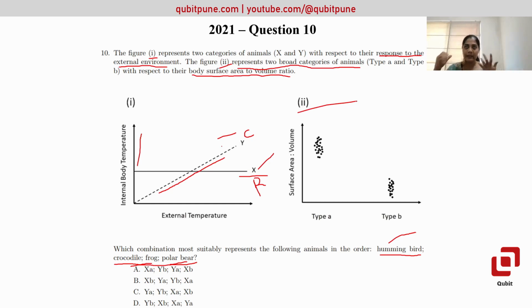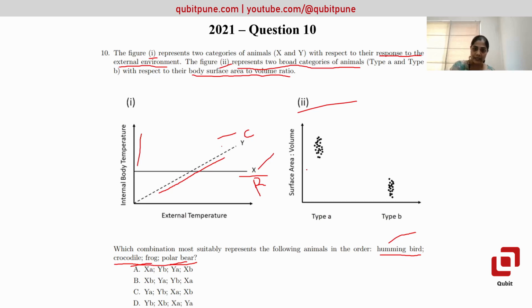We have seen in that particular chapter that the smaller the size, the higher the surface area to volume ratio. That is why in the polar region we don't find many smaller animals, because they find it difficult to adapt to that kind of condition.